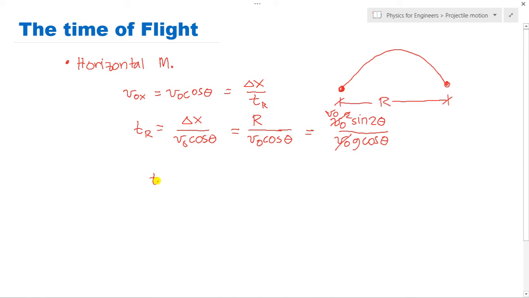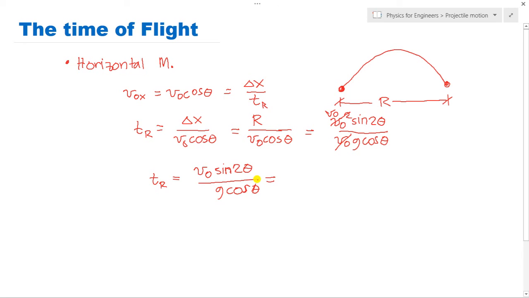So therefore our total time of flight to attain the maximum range is V naught sine of 2 theta all over g cosine of theta. But you can eliminate cosine theta on the denominator by expanding sine 2 theta.